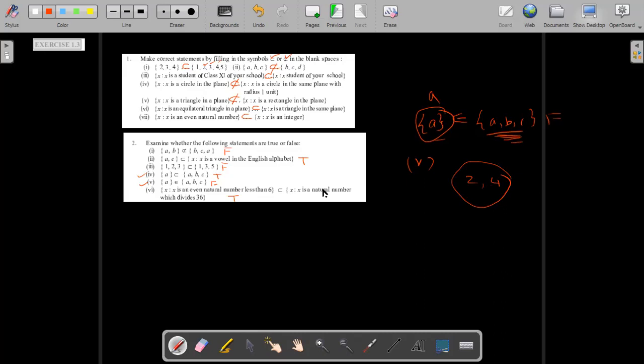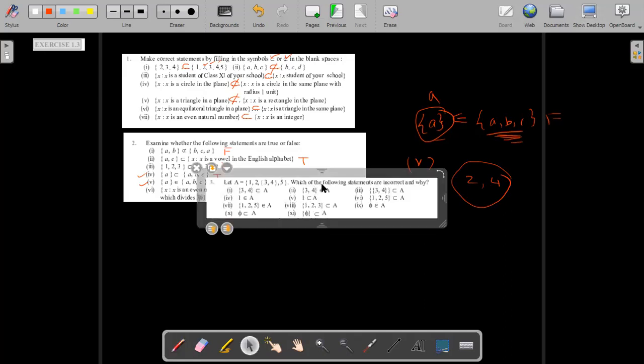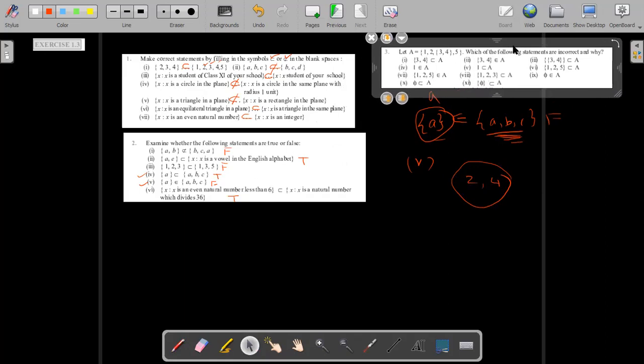Then we have: which of the following statements are correct and why. The reasons, I told you the reasons. You can write down the reasons directly, but we are doing the question here.